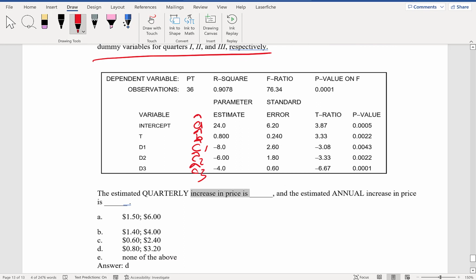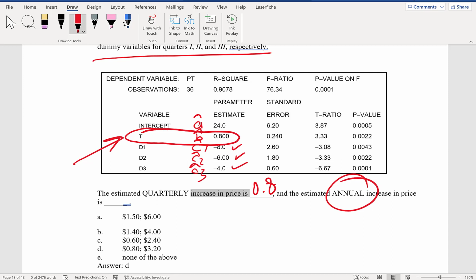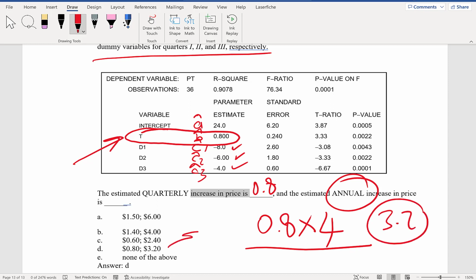These are dummies for specific quarters, first, second, third, but the quarterly data is this time trend that is measured quarterly. So the estimated quarterly increase in price, regardless of which specific quarter it is, is 0.8. And the estimated annual price increase, multiply it by 4 because we're talking about 4 quarters, is 3.2. If it asks us about a specific quarter, then you could calculate that specific quarter.